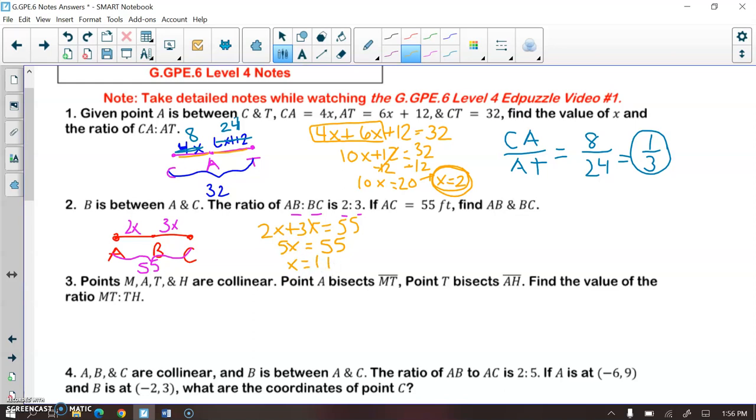Now they asked us for AB and BC, so if I put 11 in for x, AB is 22, and BC is 33. And so if I do the ratio of AB to BC, 22 over 33, I do get 2 to 3. So I am correct on my answer.